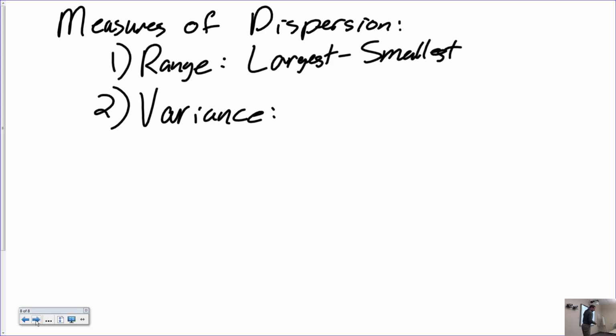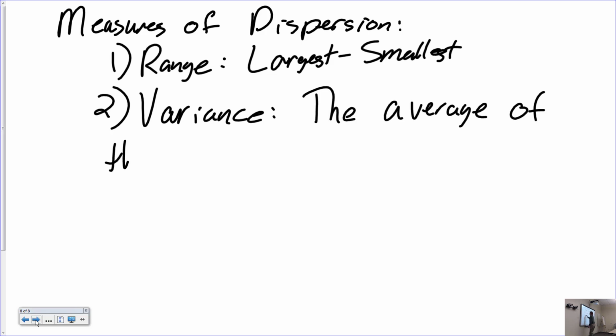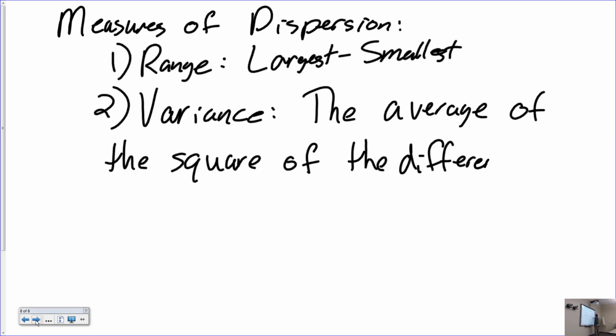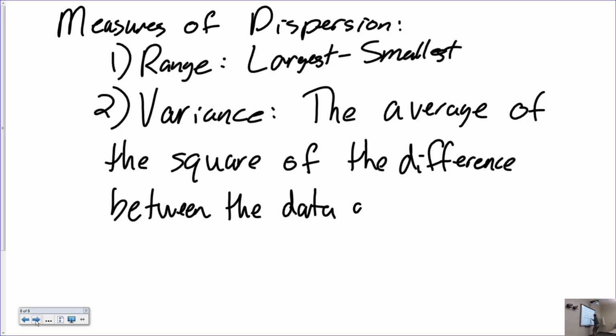The variance is defined as the average of the square of the difference between the data and the mean.